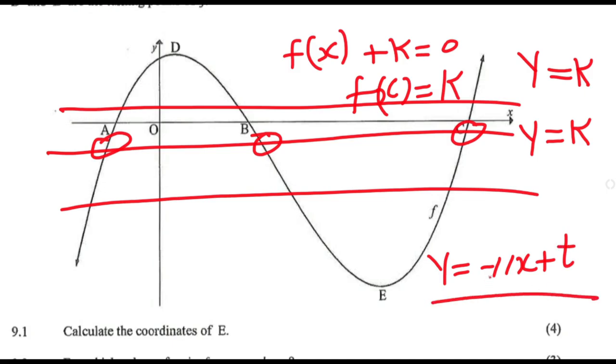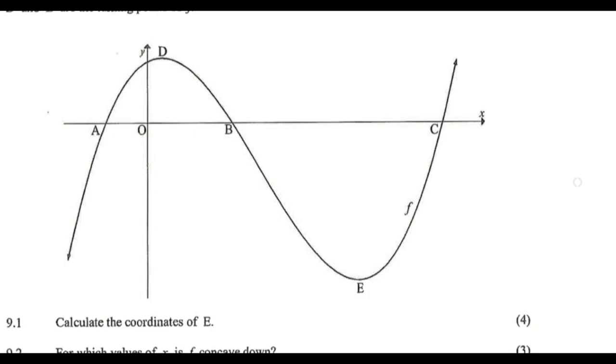This is a straight line. The gradient is negative 11. Normally in these types of questions, when they ask you to find three distinct points, we always look between the two turning points. But this question is a little bit different, so I'll show you how to solve this one.